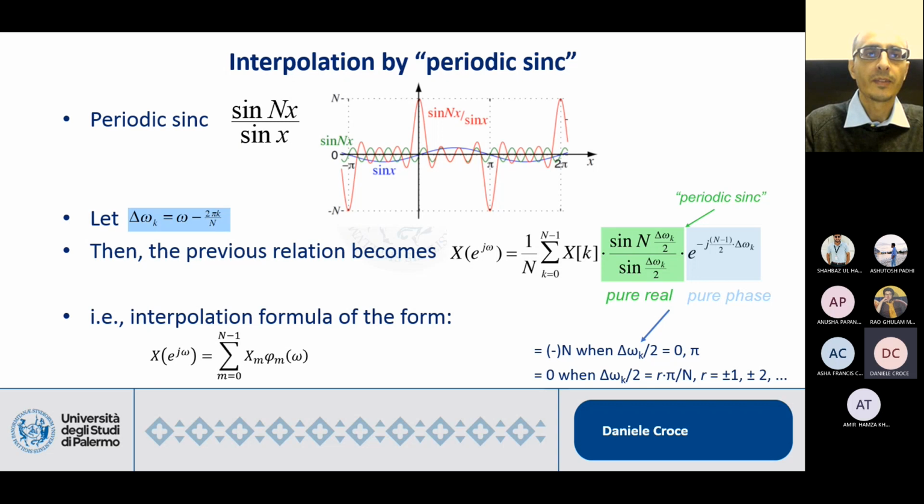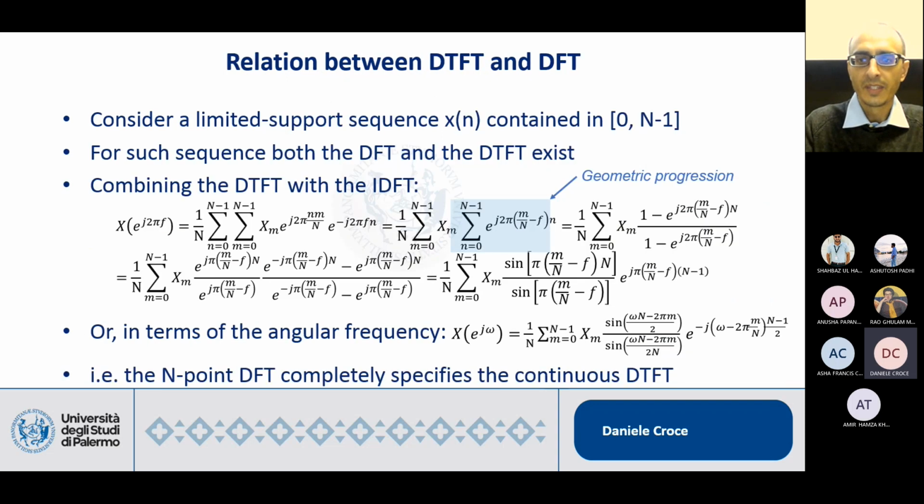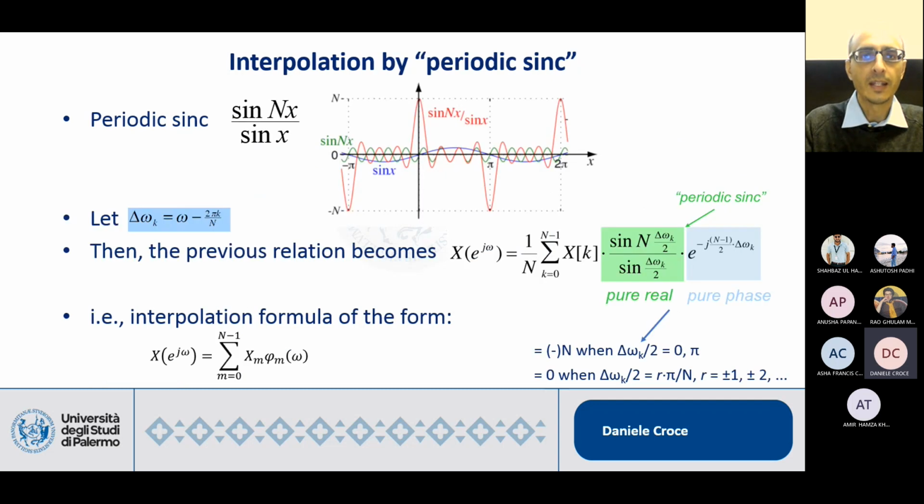So this form, sine over sine, is what we can call a periodic sinc. It's not a sinc that you are used to seeing in continuous time, because it's in the form sine of capital N x divided by sine x. And here, in this plot, you see in green, at higher frequency, the function sine of capital N x.